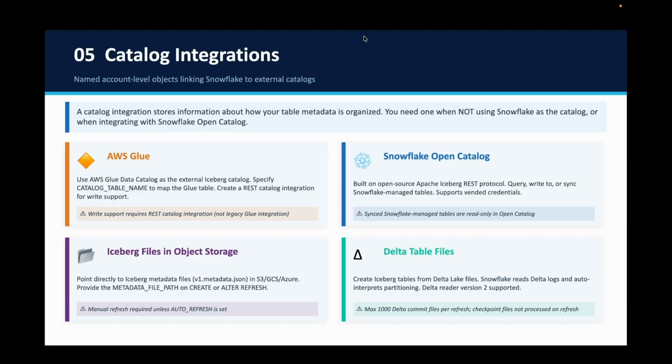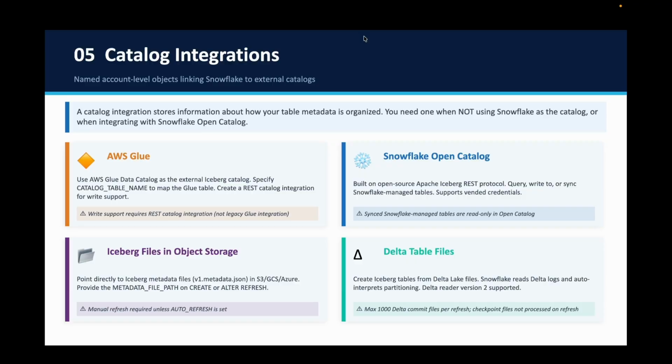Delta table files. Let's say you have Delta Lake files in your object store, create Iceberg tables from the Delta Lake files. Snowflake reads Delta logs and auto-interprets partitioning.